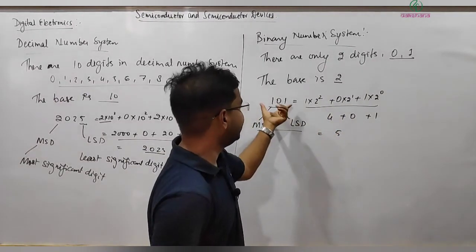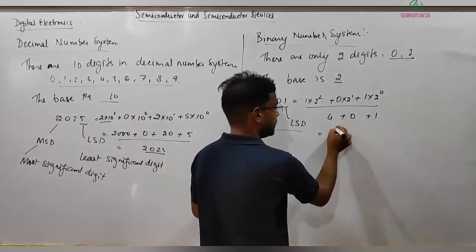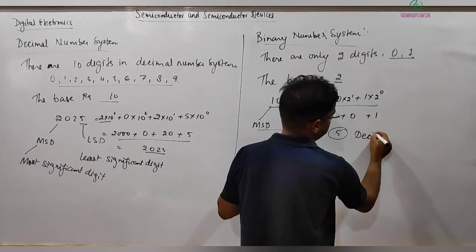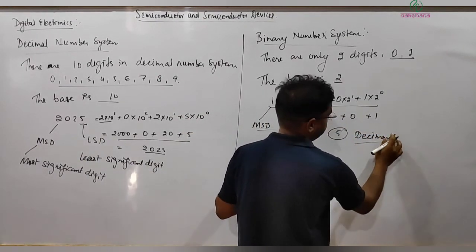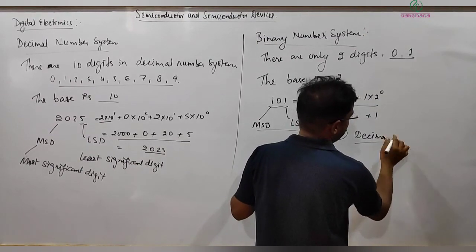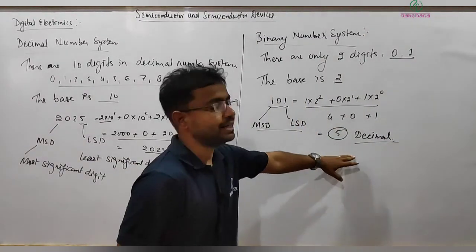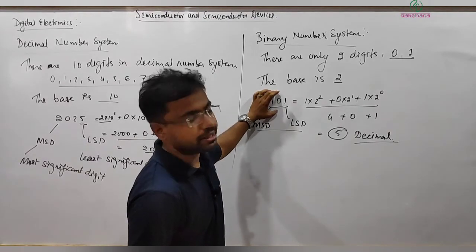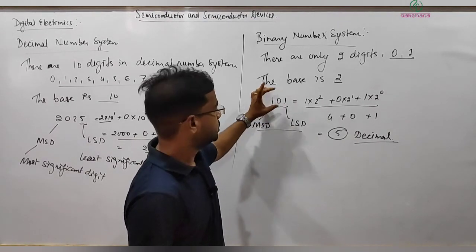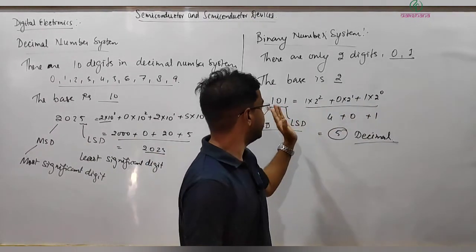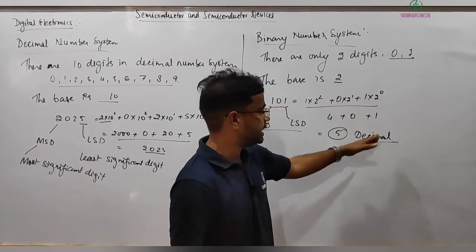So 5 in decimal is written like this, this is 5 in the decimal number system, and if I write it in binary, then it will be written as 101, is it? So this is the method to convert binary to decimal.